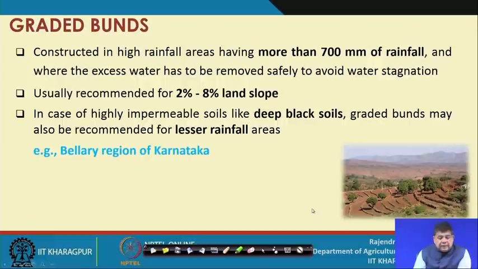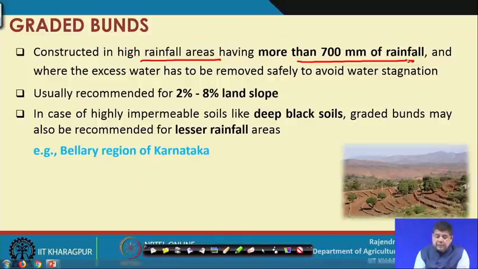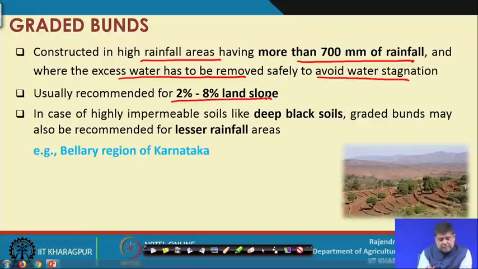These are typically constructed in high rainfall areas having more than 700 mm of rainfall, where excess water has to be removed safely to avoid water stagnation. Land slope is 2 to 8%, maximum 8% as we have already seen.